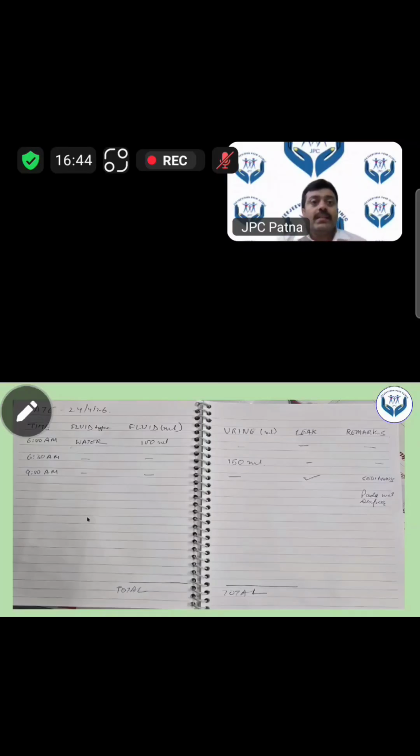First is the date, second is the time, another is the fluid type, the fluid in ml, urine in ml, leaks, and the remarks. Why remarks become important is that our patients may have some sediments, or the patient may say that the pad was wet but does not know when it was wet.